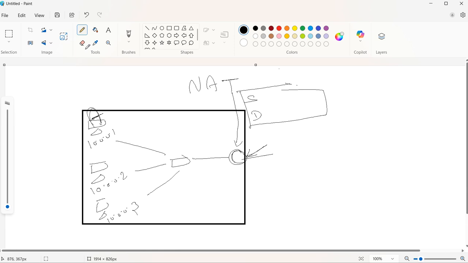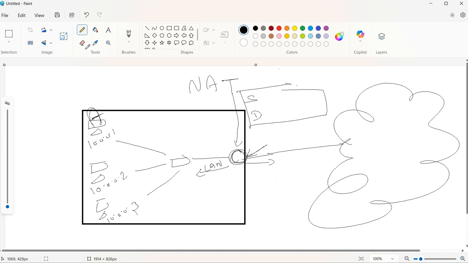See our router. This side we call the LAN side. This side we call the WAN side. Now you are trying to talk to the WAN, you are trying to talk to the internet.